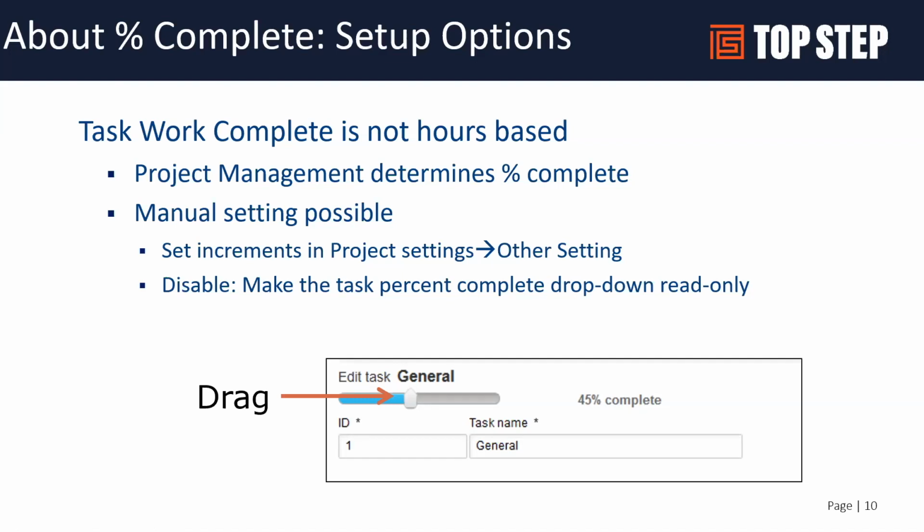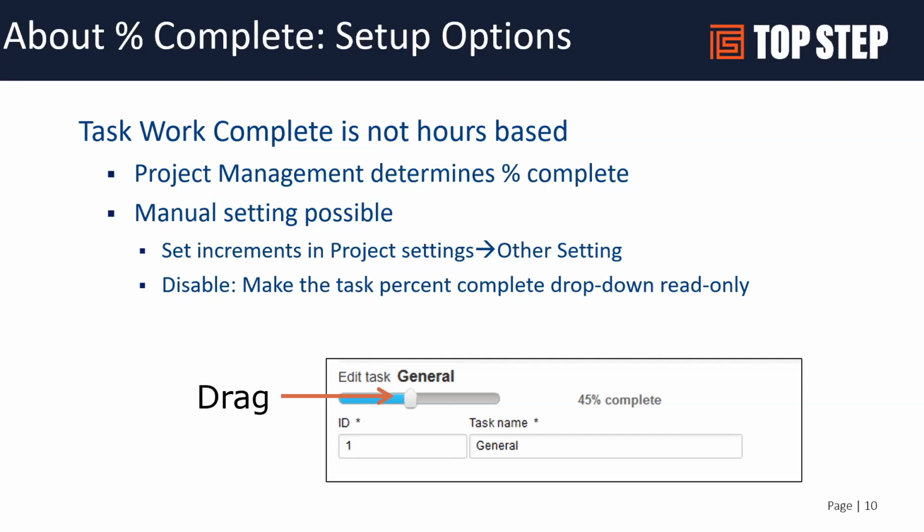So what if we have some organizations we work with where percent complete is not a scientific hours over hours calc. It's more of the project manager saying, we've completed this much work, and therefore we are this percent complete, irrespective of how many hours we're expecting and how many hours we've worked. So you can set up OpenAir so that the percent complete is manually set by the project manager or anyone who has access to it.